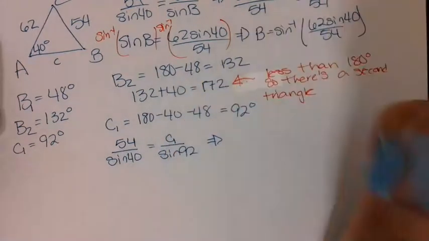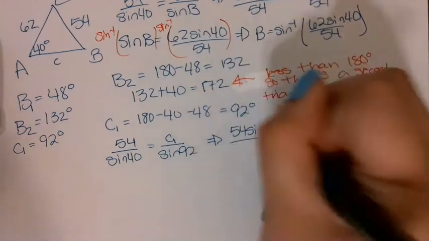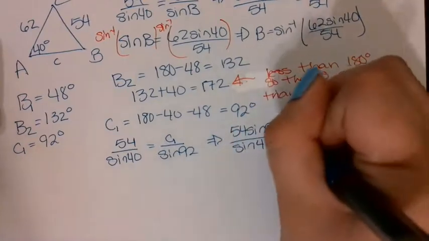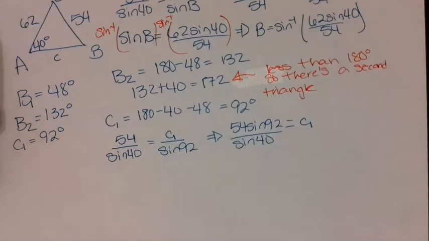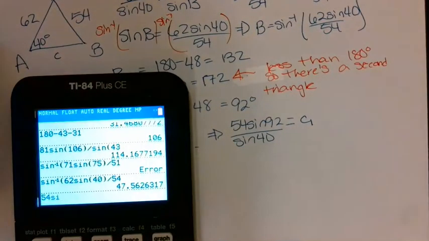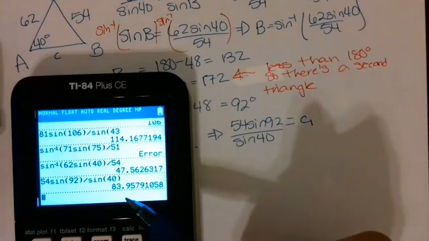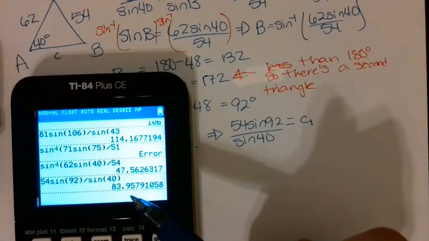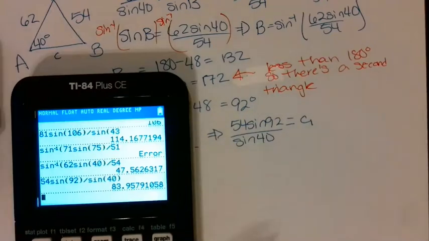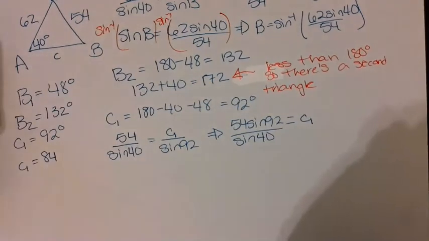I want to multiply by the sine of 92 to get rid of it. So I have 54 sine of 92 over sine of 40 equals c1. Then I want to type that into my calculator. Side lengths are to the nearest tenth, so I'd round up because of the 5 to the right of the 9, but that rounds up to 84. So for little c1, I get 84 as my side length.